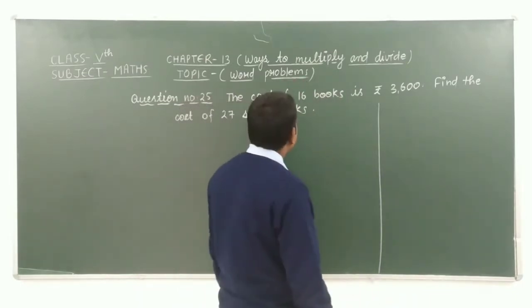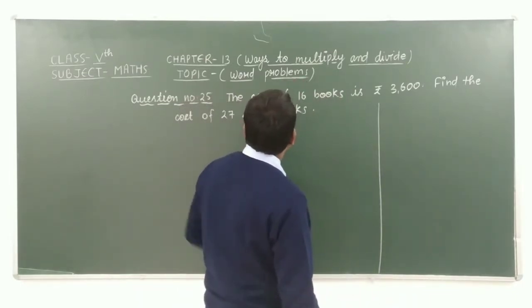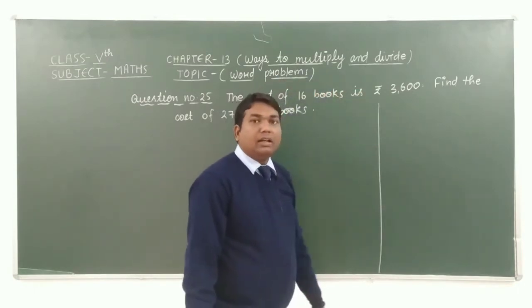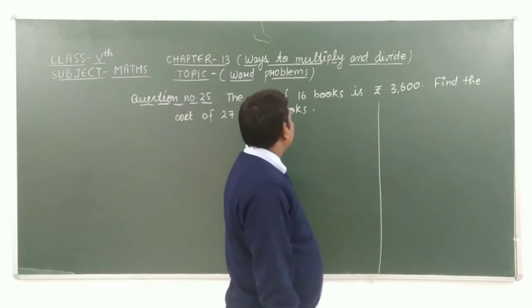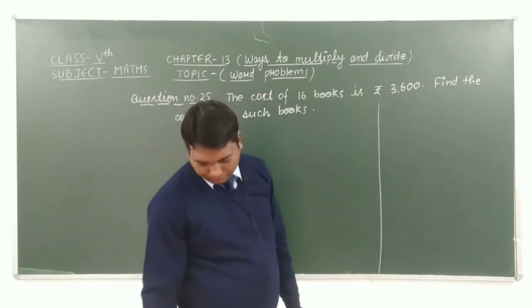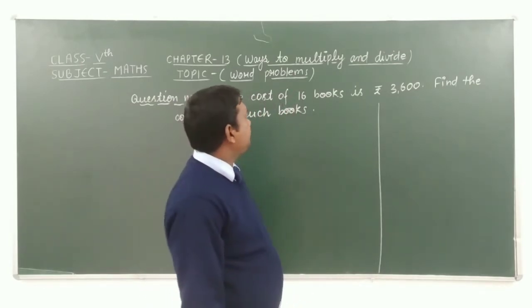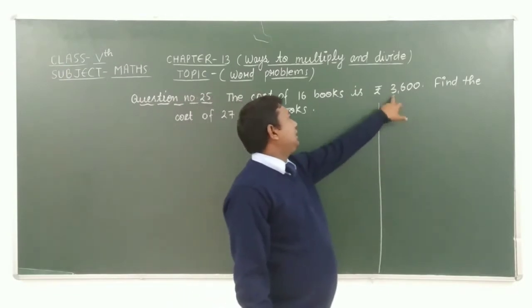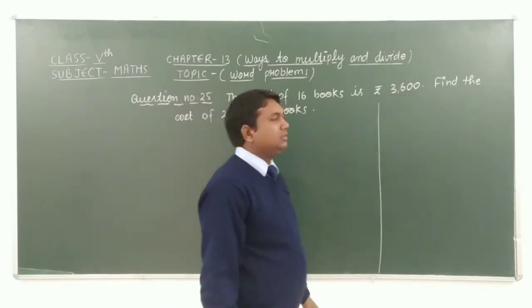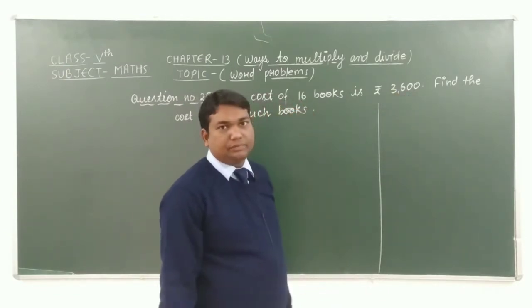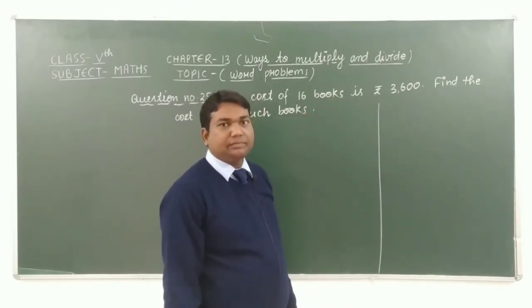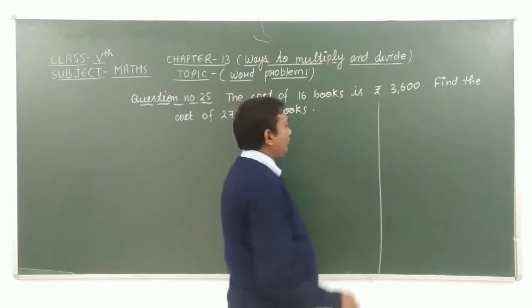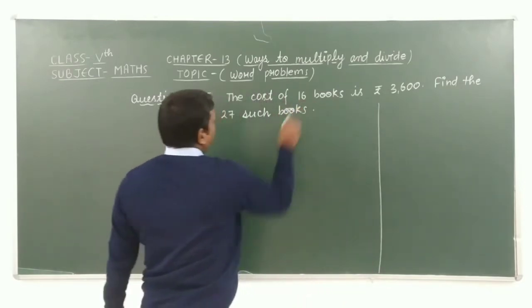It means that in this process, we have to take the division of 3600 by 16. After dividing these, we get the cost of one book.